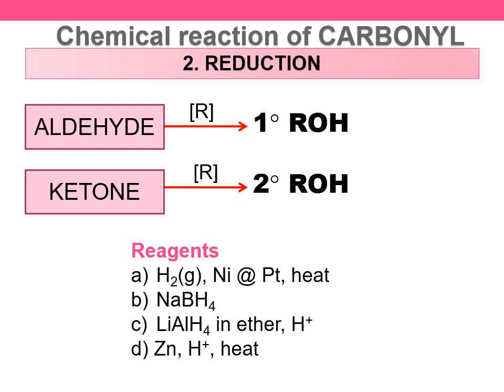We can use hydrogen gas with palladium, platinum, or nickel with heat. We can use NaBH4. We can use lithium aluminium hydride in ether and H+. Also, we can use zinc, H+ and heat.